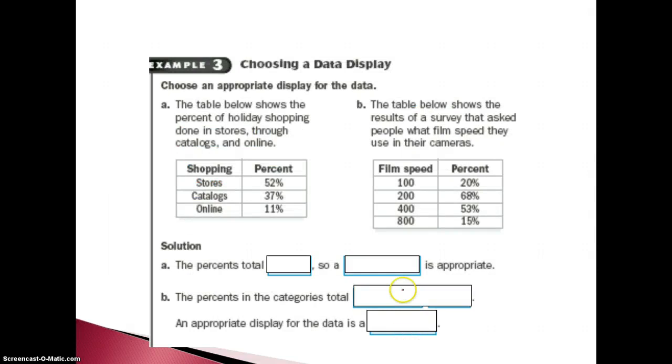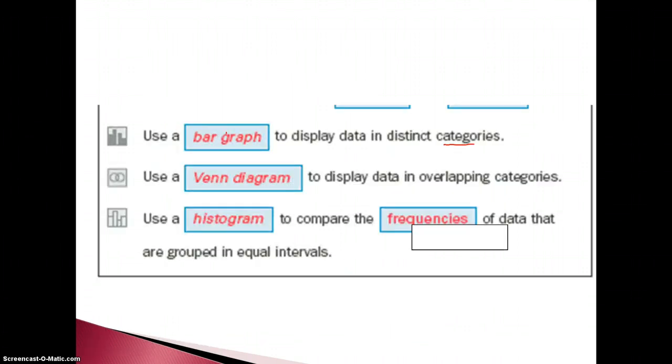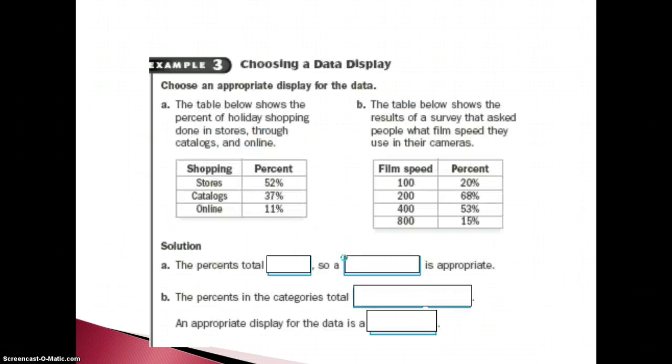So let's think about how to choose an appropriate data display. The table below shows the percent of holiday shopping done in stores, through catalogs, and online. The percents total 100%, so which one would you say would be the best data display? And again, use this graph to help you.